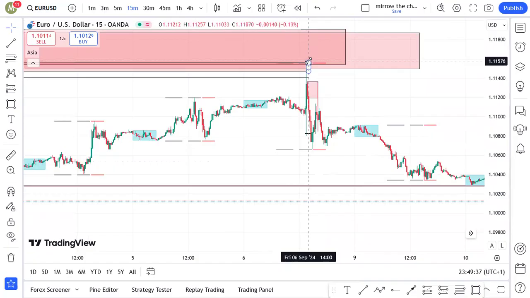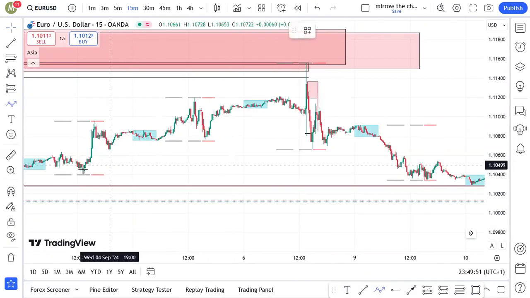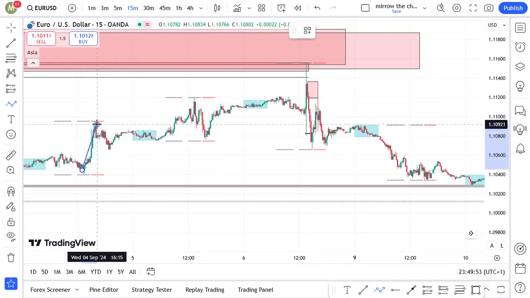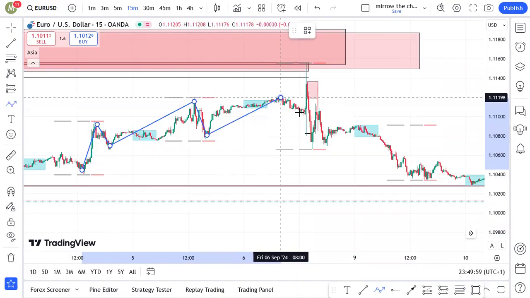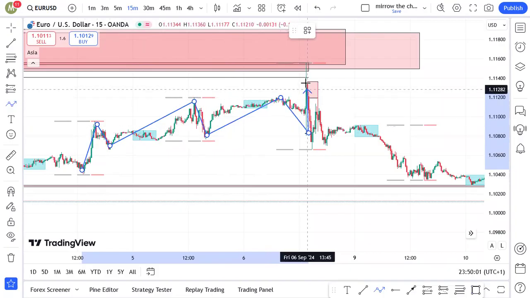This is the case if you want to come down to a lower time frame to take your entries. As price tapped into your POI, it displaced. Look at where price was making a low, a high, a low, a high, a low, a high, that tapped into that area.